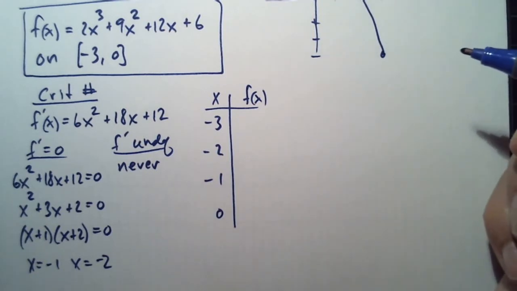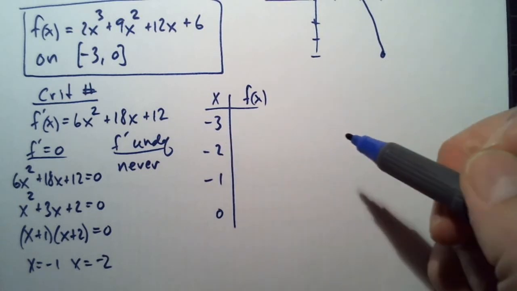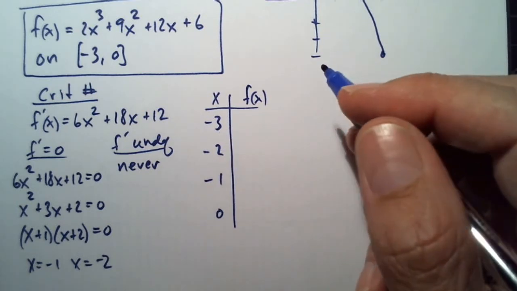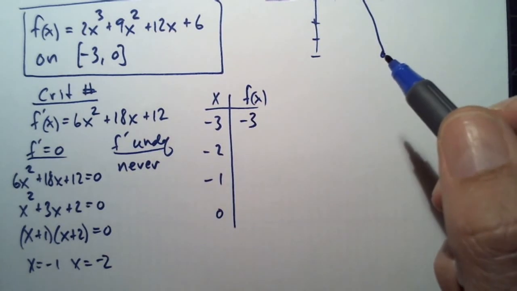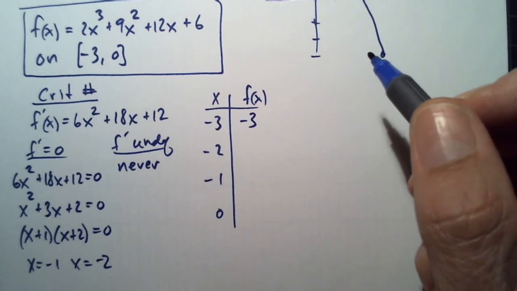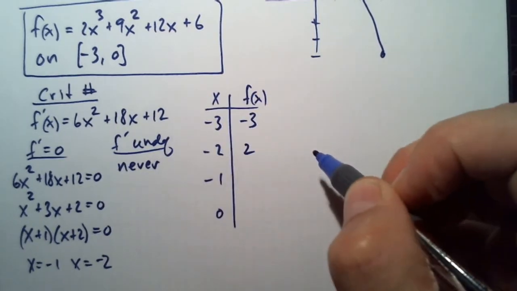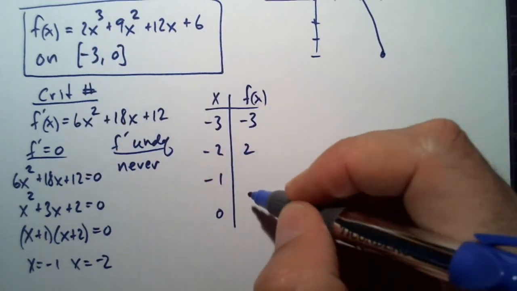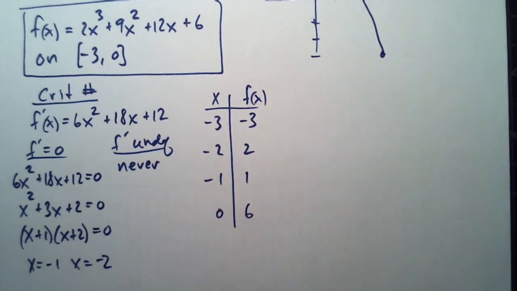When we substitute negative 3, we should get negative 30. No, negative 3. When we substitute negative 2, we get 2. And when we put a negative 1 in here, we get 1. And 0 is 6.